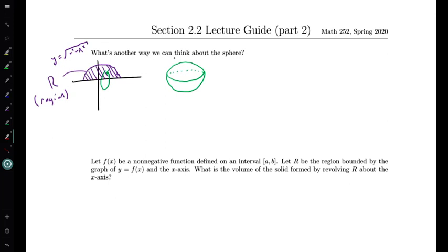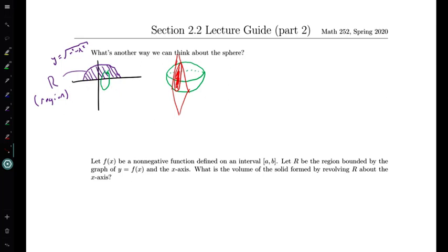So maybe take a moment to remember what we did with computing the volume of the sphere. We looked at these cross sections formed, and when we intersected a plane that was perpendicular to the x-axis with the sphere that we formed, we got a little circle. Now, the circle, if we look at that picture in the plane, was both the top half of the circle that we started with and the bottom half of the circle that we started with.